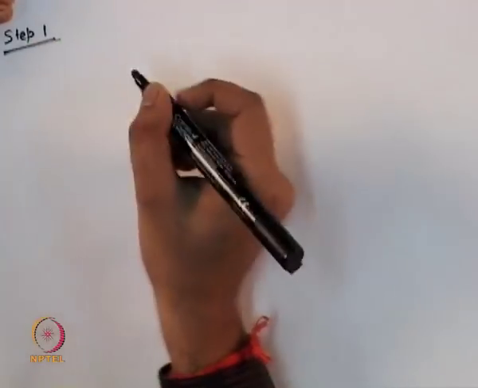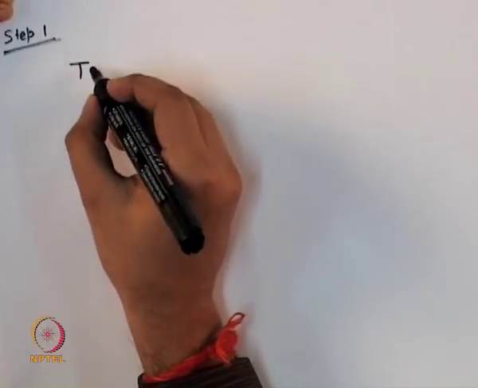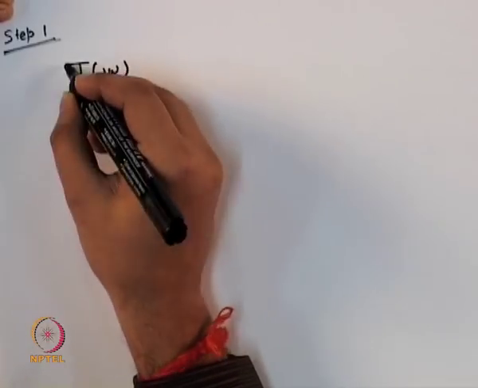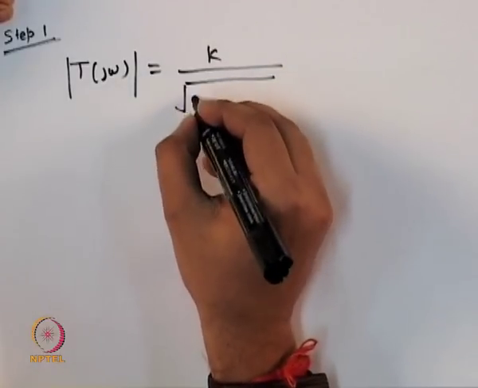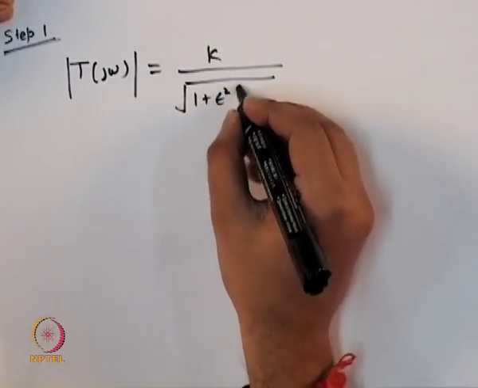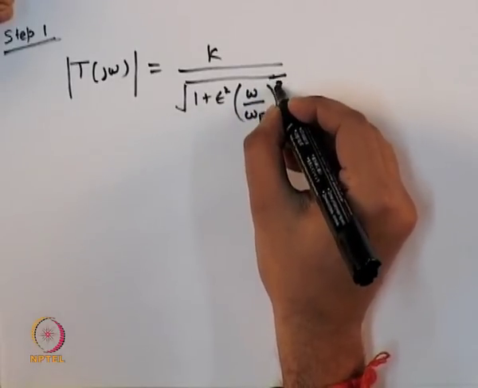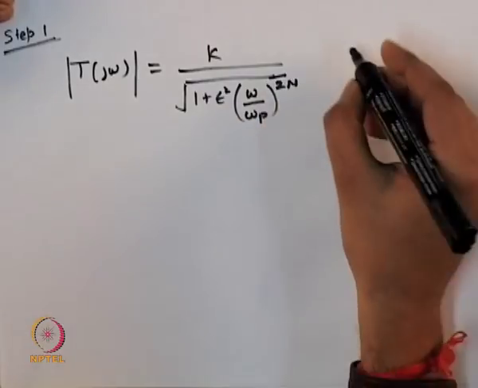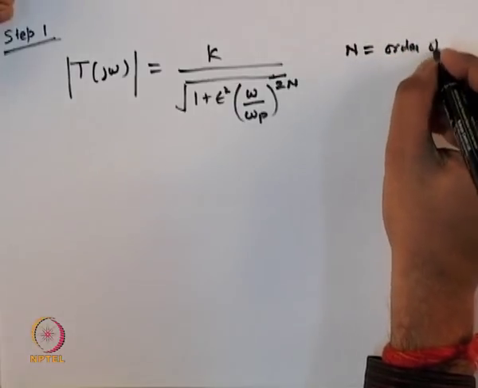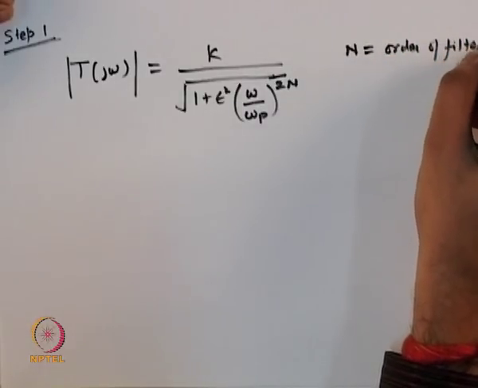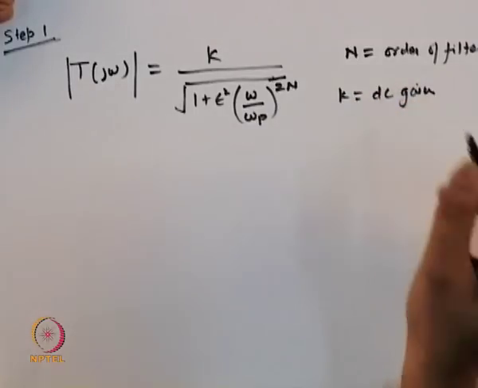As discussed in the class, the magnitude response of the Butterworth filter is given as mod T(j omega) equal to k upon under root 1 plus epsilon square (omega upon omega p) raised to power 2n, where n is the order of filter, and k equals the DC gain.